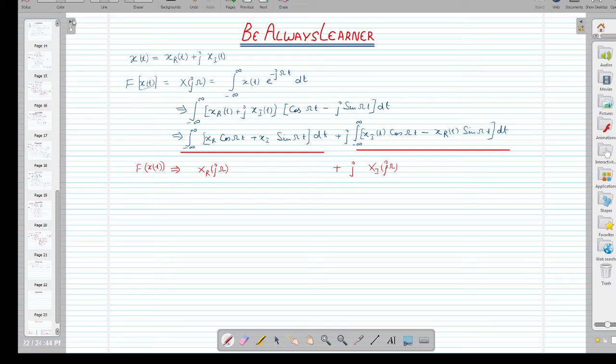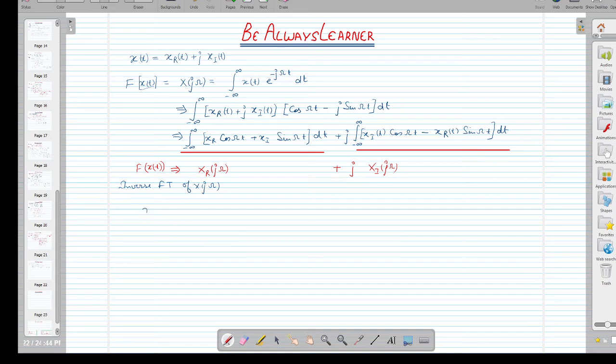So further we can also calculate the inverse Fourier transform of X(jω).